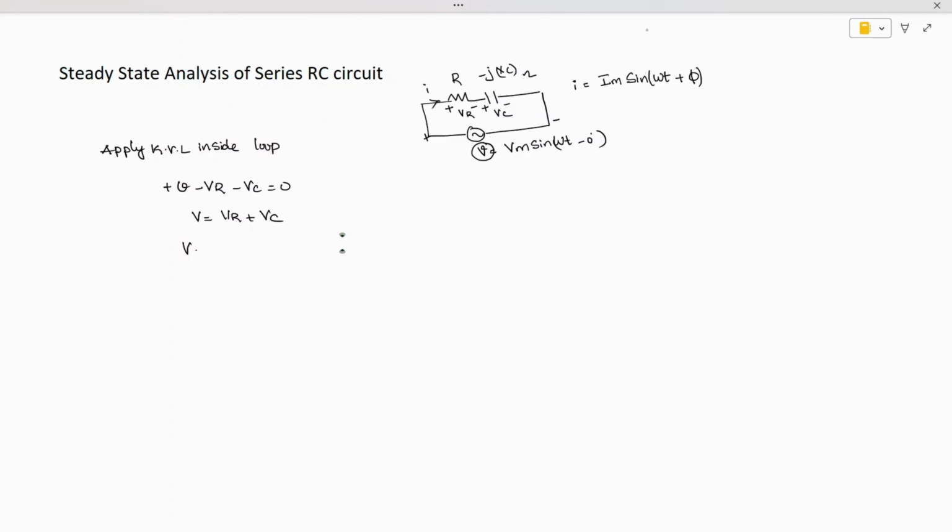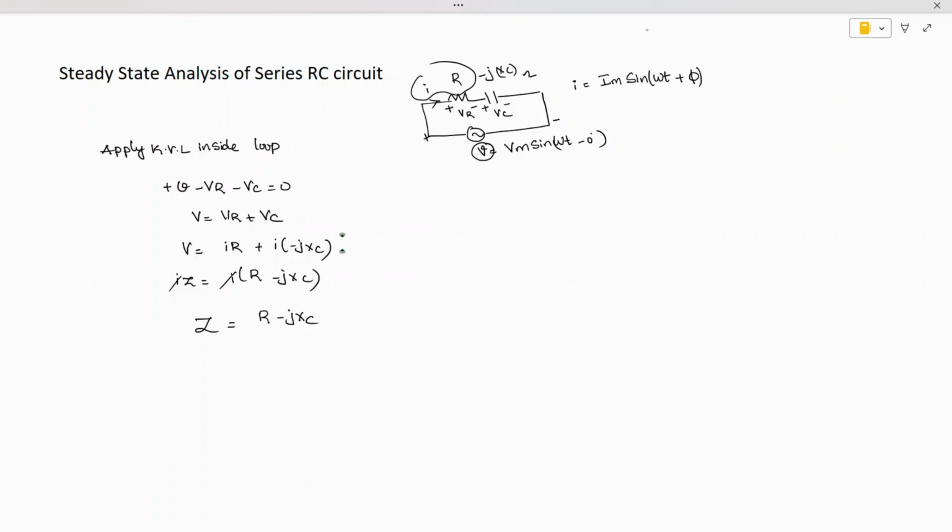The voltage across the resistor is current into resistor, I into R. The voltage across the capacitor is I into minus j XC ohms. So here I can write I into Z is equal to I, taken as common, into R minus j XC ohms. Therefore, I will get cancelled. The total impedance is R minus j XC ohms.